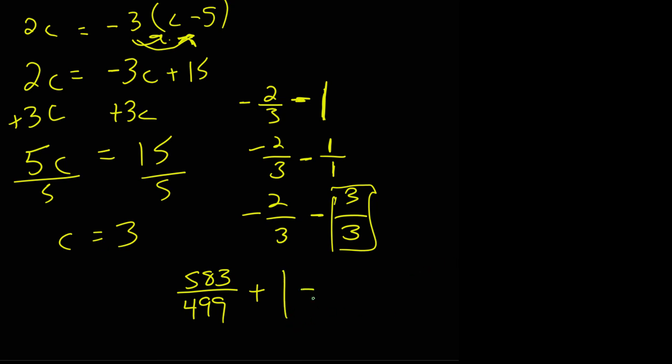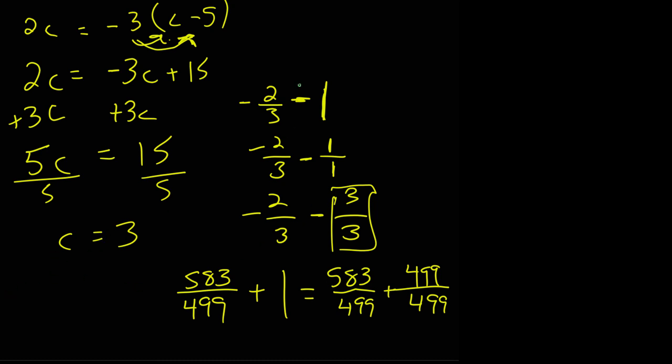Well, for the denominator to be the same, and I'm adding 1, it's 499 over 499. I get the same thing up and below. It's nice with ones. It's actually good with any whole number.